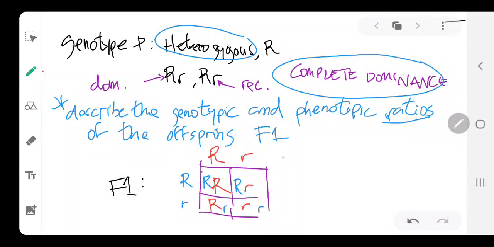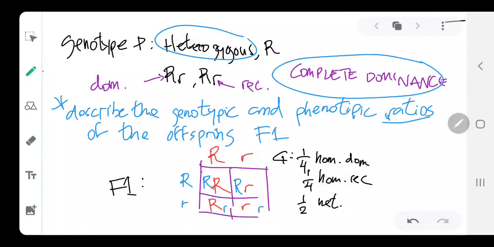In terms of genotype, 1 out of 4 is going to be homozygous dominant, 1 out of 4 is going to be homozygous recessive, and 2 out of 4, or 1/2, are going to be heterozygous. That's the genotypic ratio. If you want probabilities, you just turn these into percentages.